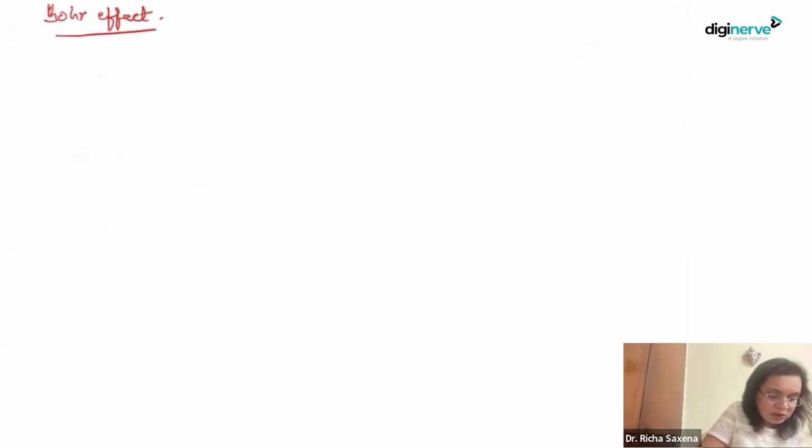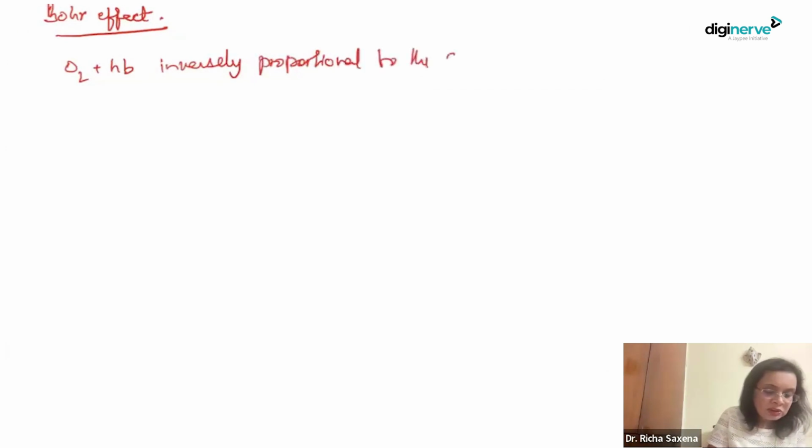Okay. So Bohr's effect basically means that the ability of oxygen to combine with hemoglobin is inversely proportional to the concentration of carbon dioxide and to acidity.